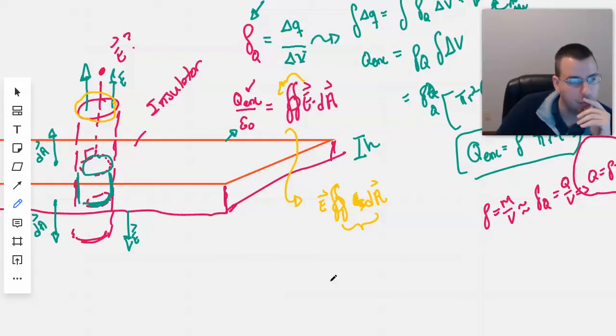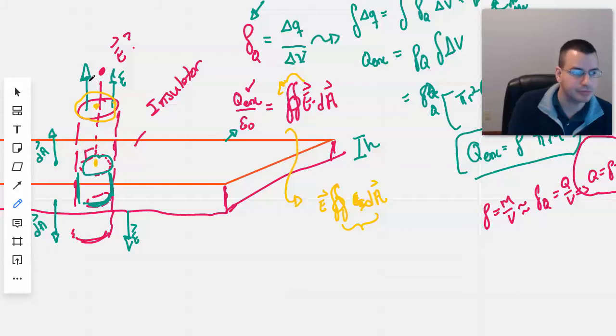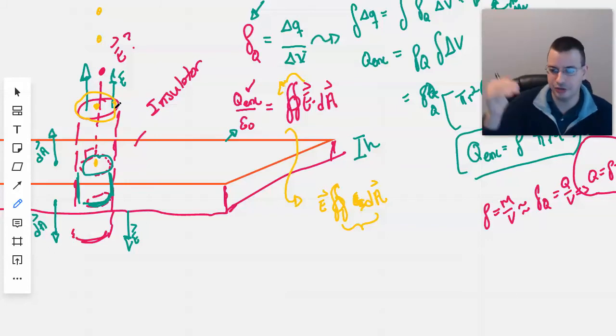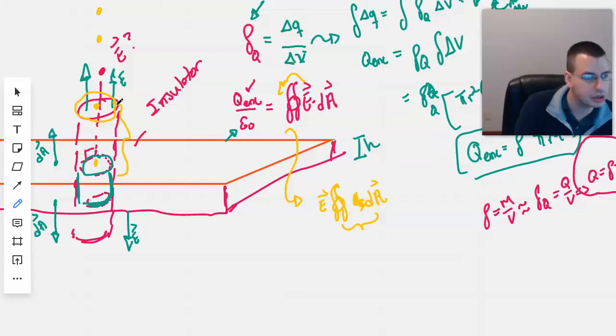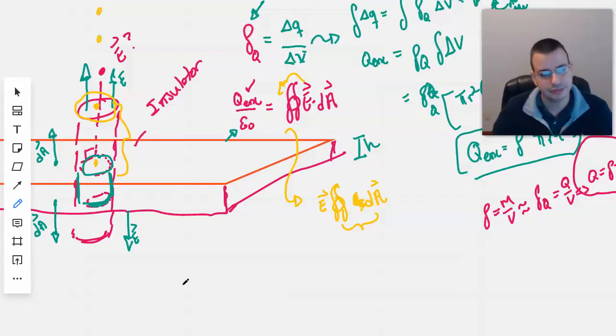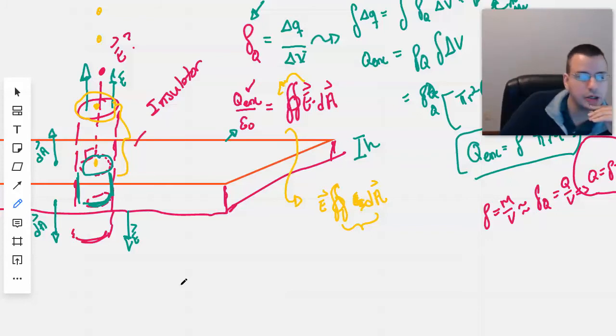So we want the electric field at this point here, and that's how you would use Gauss's law to find the electric field at different points, up versus down. So we're going to call this R. Do we want to use one R or two R's?